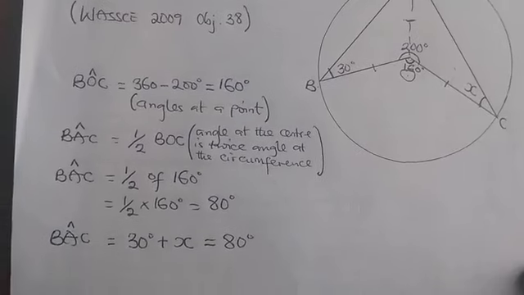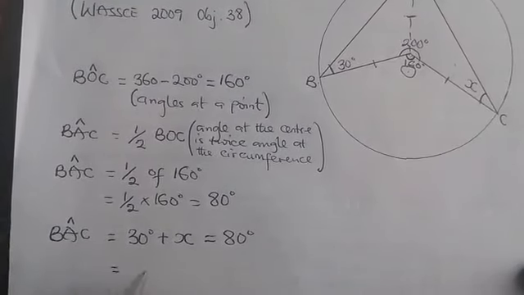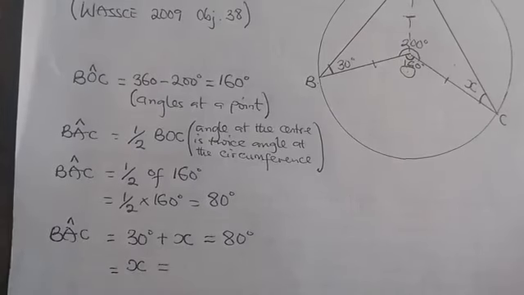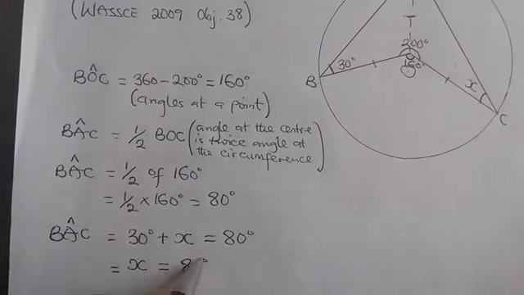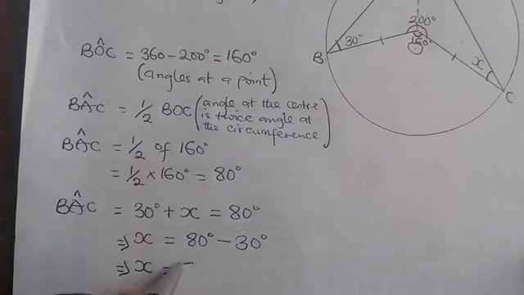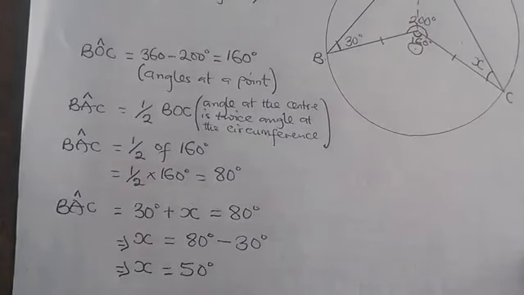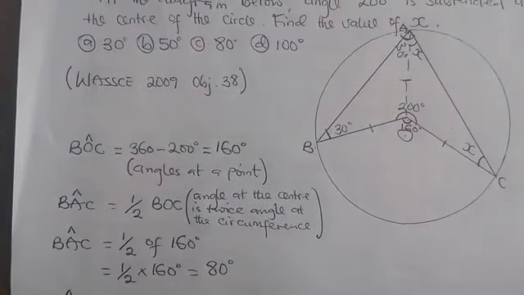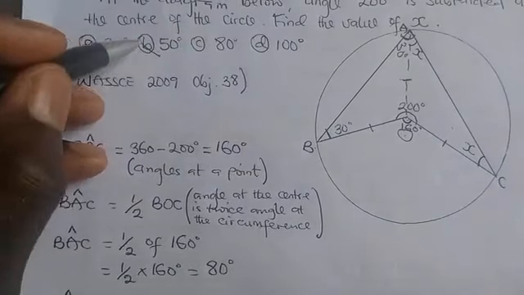So if 30 plus x is equal to 80 degrees, we have x equal to 80 degrees minus 30 degrees, equal to 50 degrees. So this is the value of x in this equation, and the corresponding option here is option B.